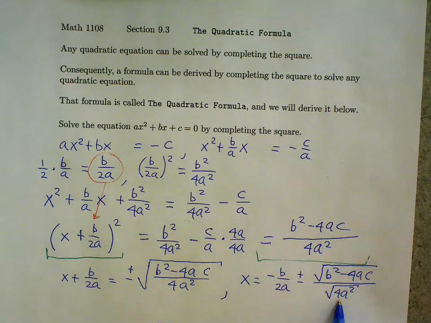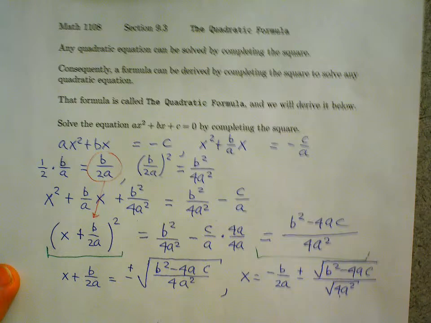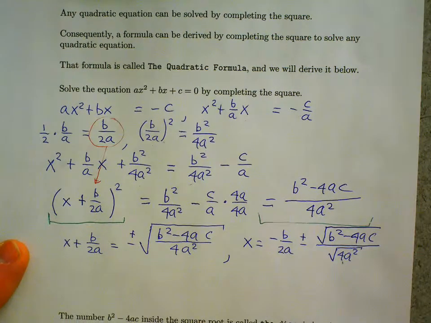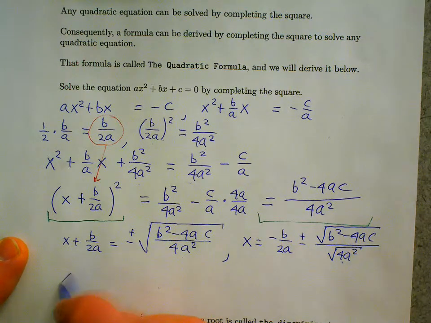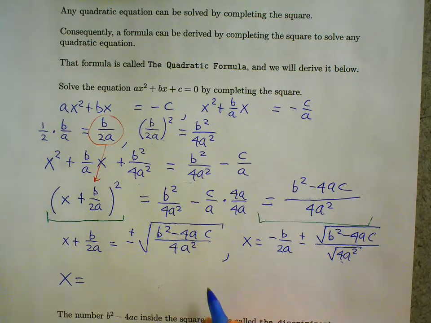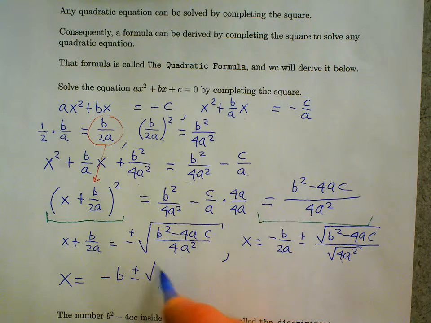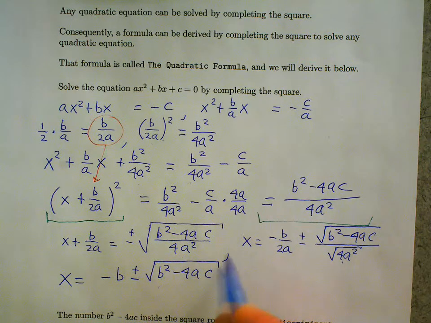And the square root of 4a to the second simplifies to 2a. So in the next step, we'll write x equals negative b plus and minus the square root of b to the second minus 4ac all divided by 2a.